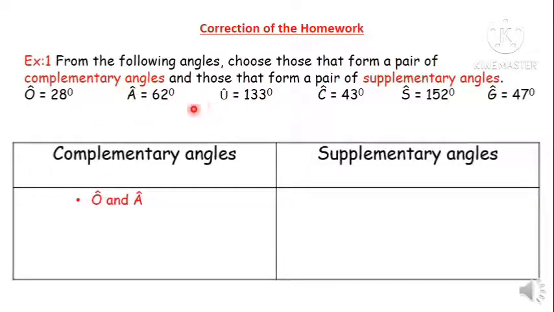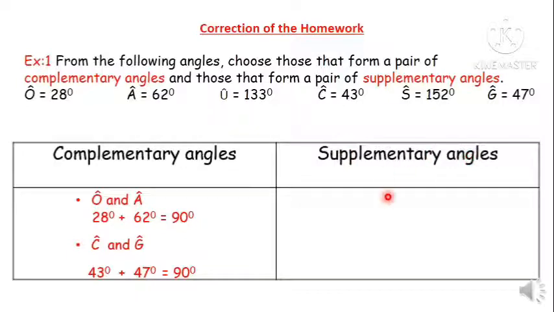O and A, because 28 plus 62 is equal to 90 degrees. They are complementary angles. Do I have other two complementary angles? Yes, C and G, because 43 plus 47 is equal to 90 degrees. They are complementary angles.